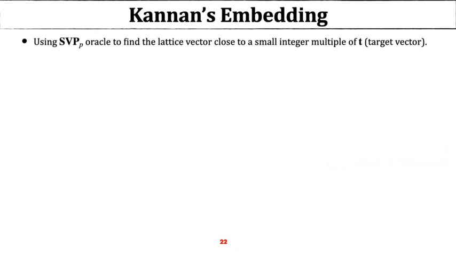So we start with Kannan's embedding. We want to use an SVP oracle to solve the CVP problem, and the idea is to find the closest vector to a small integer multiple of t. How do we do it?